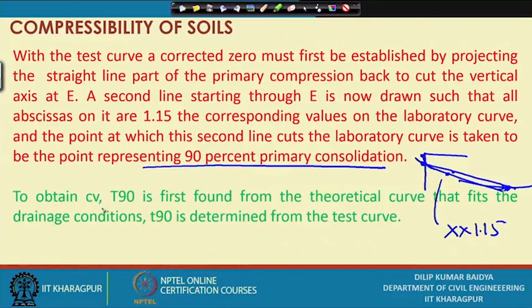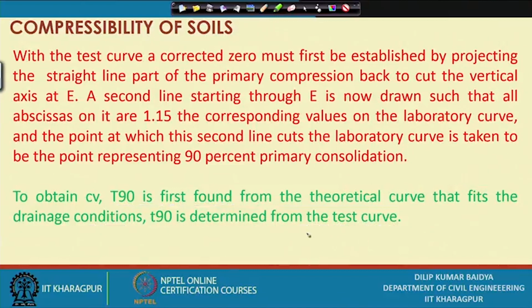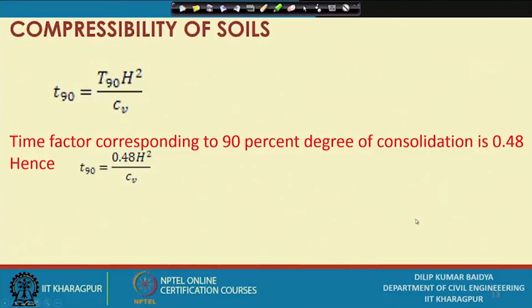So, to obtain CV, T90 is first found from the theoretical curve that fits the drainage condition, and t90 is determined from the test curve. You can see now this is a relationship we know, T equal to CV t by H square.